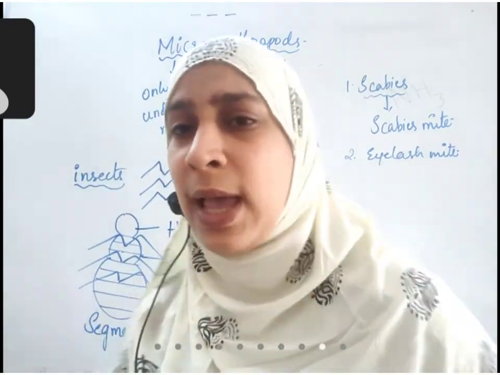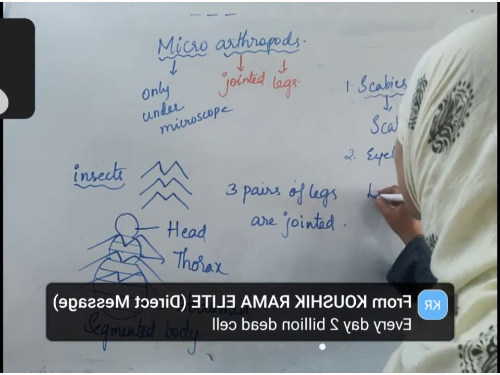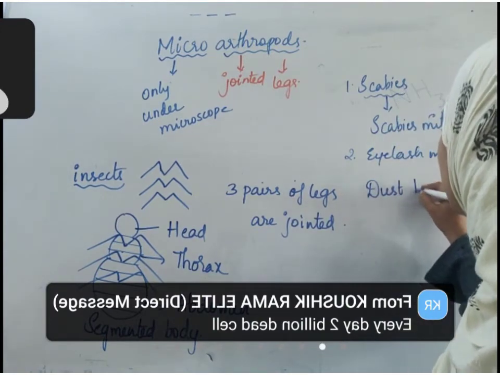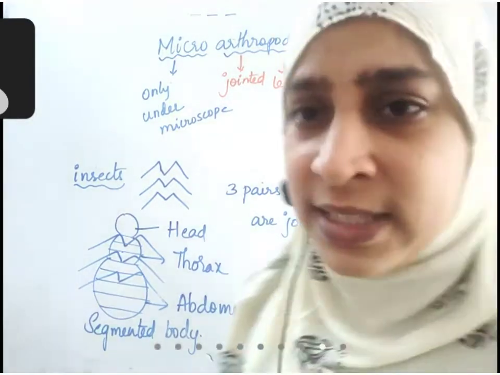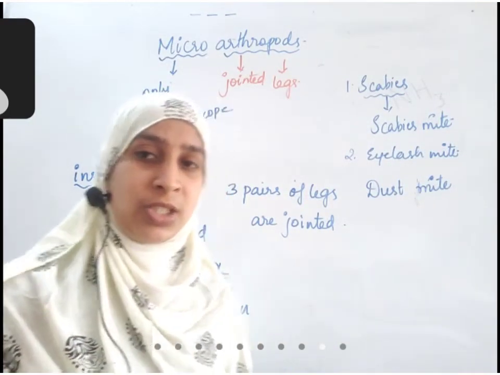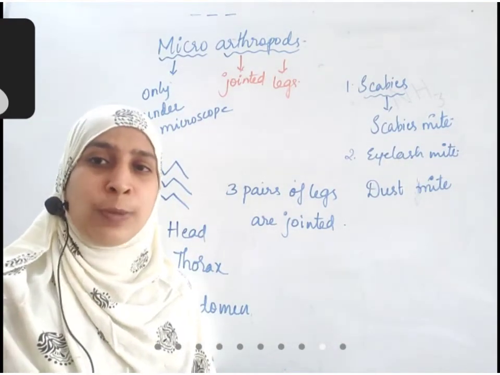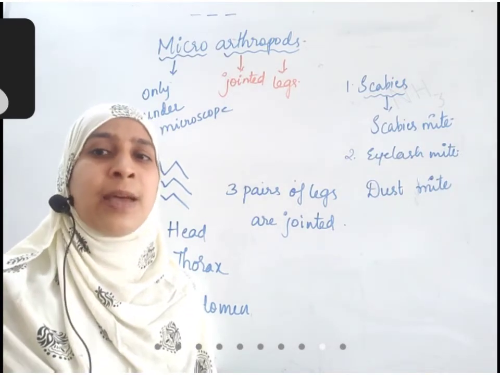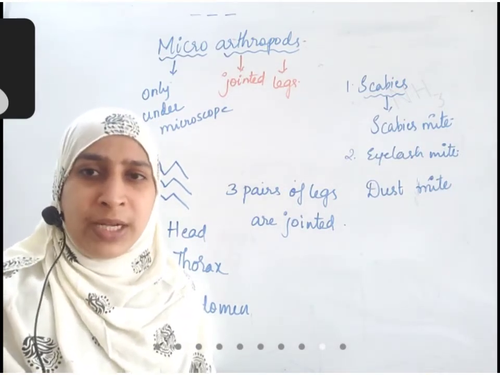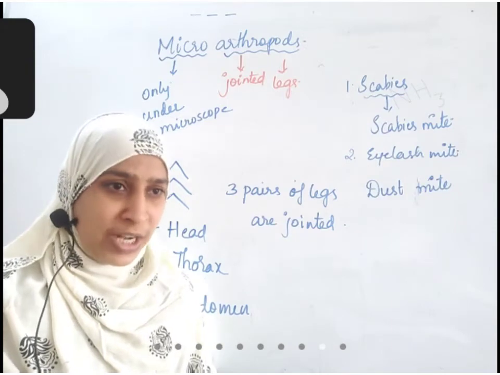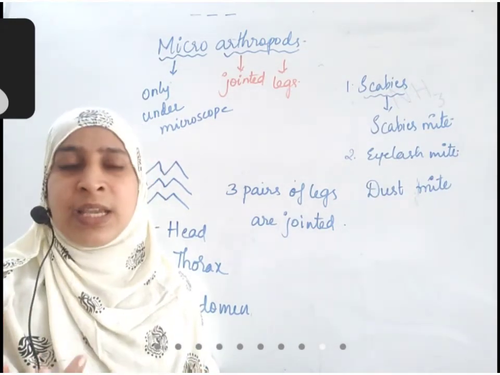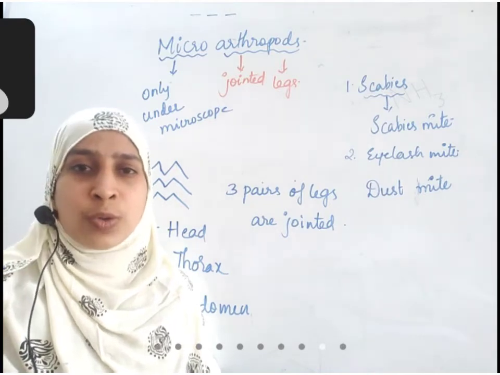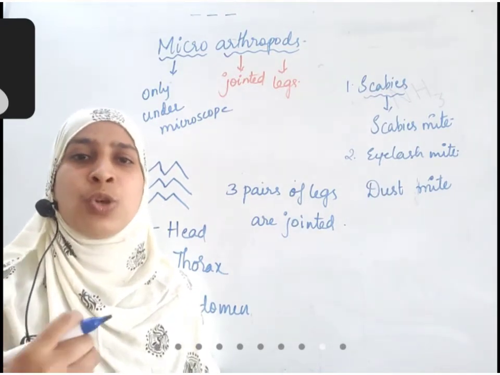Okay, one more example I'll give you. Dust mite. Dust mite feeds on our skin cells that are present in dust, or very minute bacteria and fungus that are present in dust. Every day dust generates in our house. That dust has our skin cells. If there is any animal in your house, the hair of that animal also will shed.